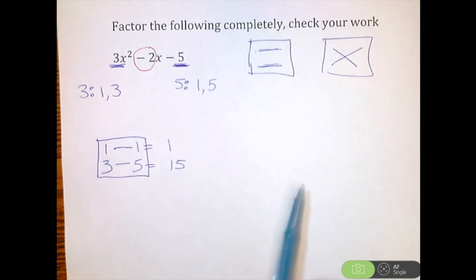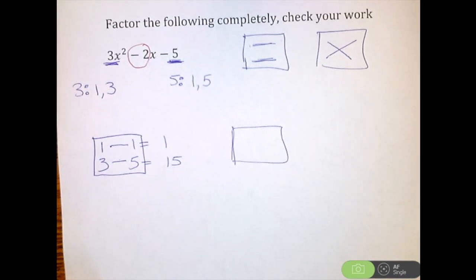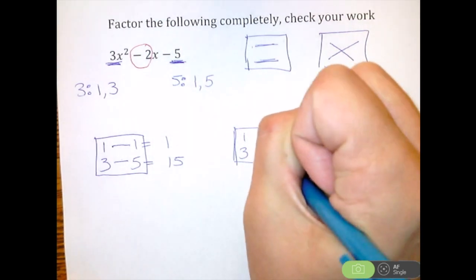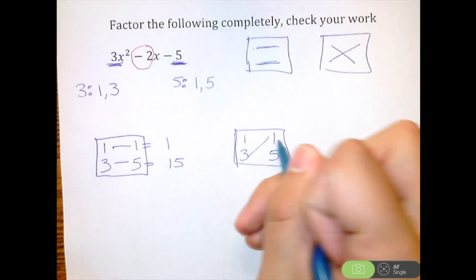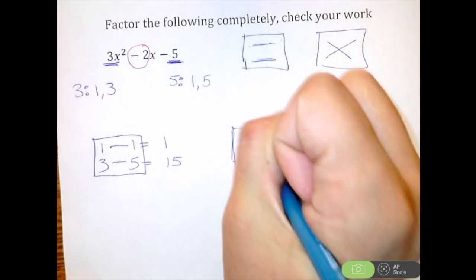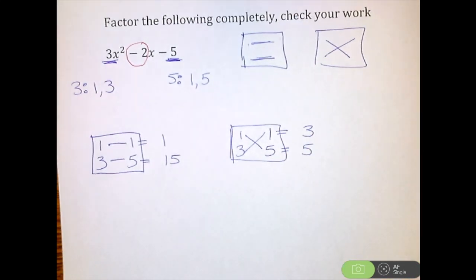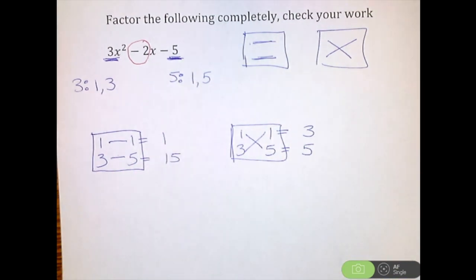So if multiplying straight across didn't work, let's try doing a crisscross. I'm still using 1, 3 in the front, 1, 5 in the back, but this time we're going to crisscross. So 3 times 1 is 3. 1 times 5 is 5. So I have to think to myself, is there a way I can use 3 and 5 to make -2?